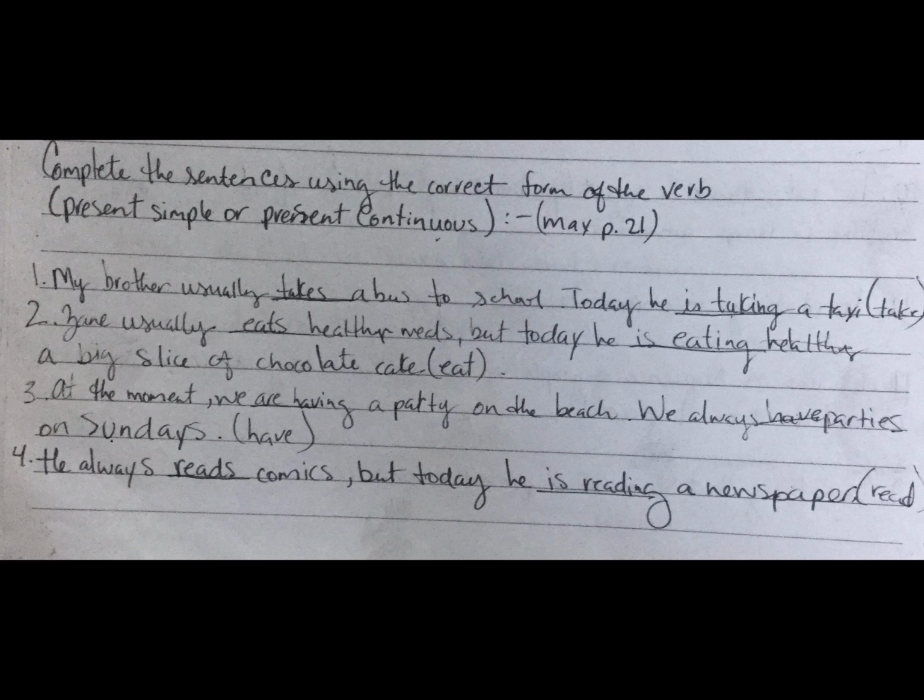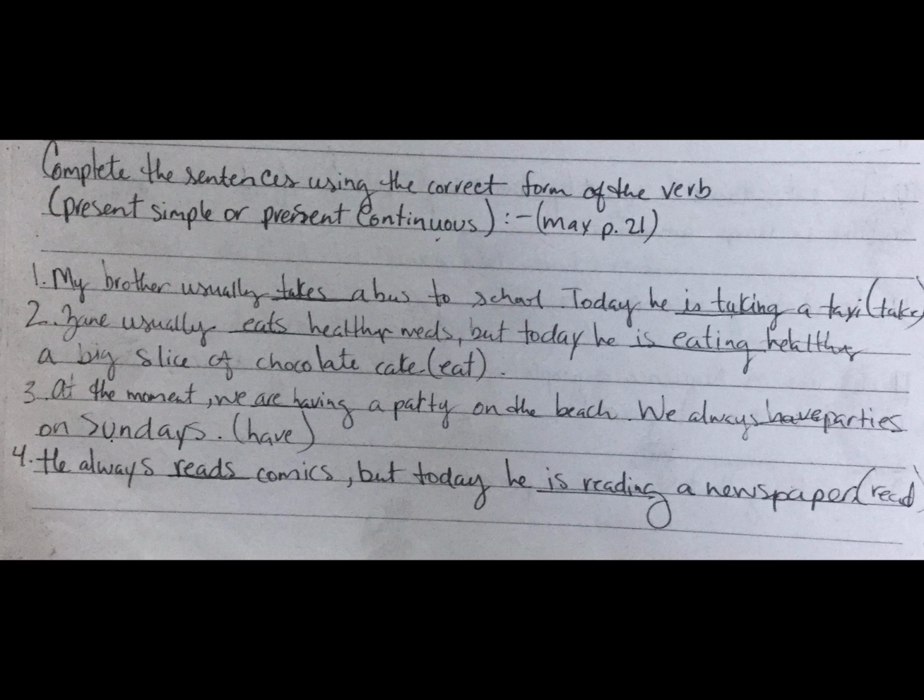We always blank parties on Sundays. So it's a habit: we always have parties on Sundays. So have remains the same. For 4, he always reads comics, but today he is reading. So when we see the word today, we know that we have to add an ing.